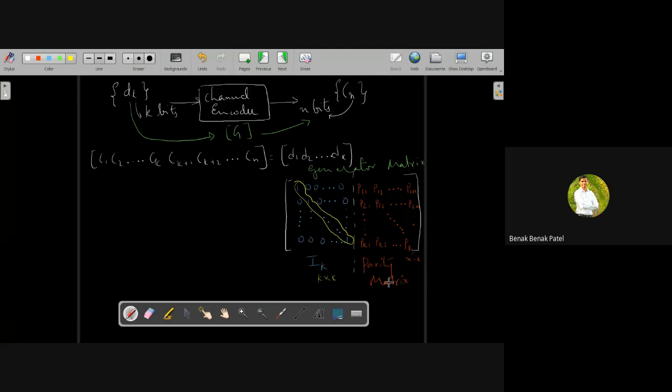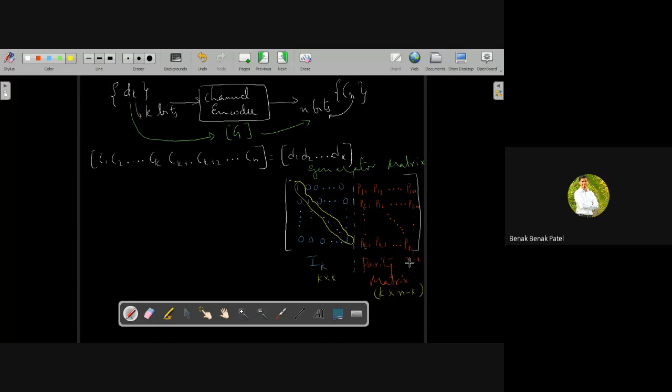And I also have this parity matrix, whose size is k cross n minus k, because k represents the number of rows. So this is 1, 2, and the last row number is k. It has k rows, and how many columns?